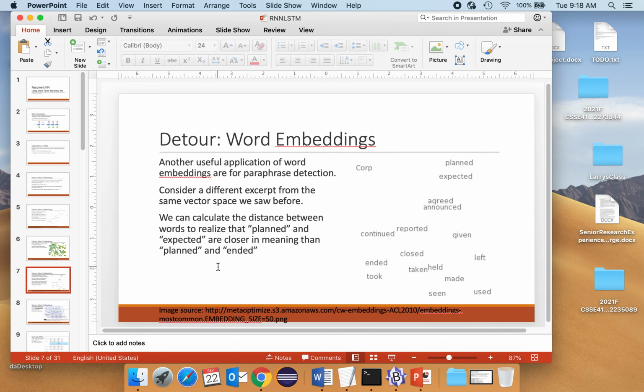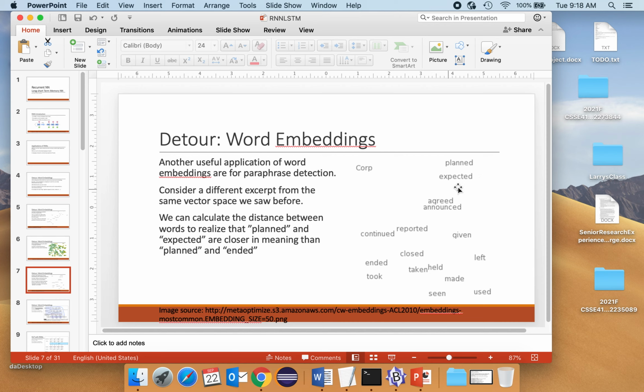Another useful application of these word embeddings is paraphrase detection. Again, this is a different excerpt of this visualization of the multidimensional space. So maybe you hear the word planned in a document, and you want to figure out how close it is to expected.